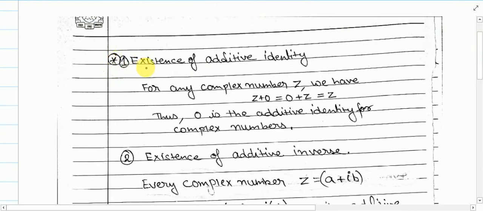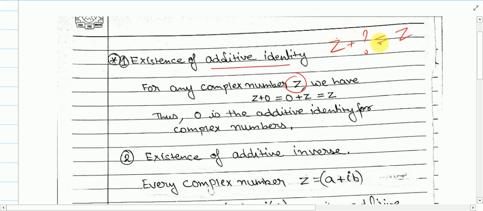Now let us see next. Next is existence of additive identity. You take any complex number z. Now what should I add over here, which complex number should I add with this z, so that my answer is again z only?